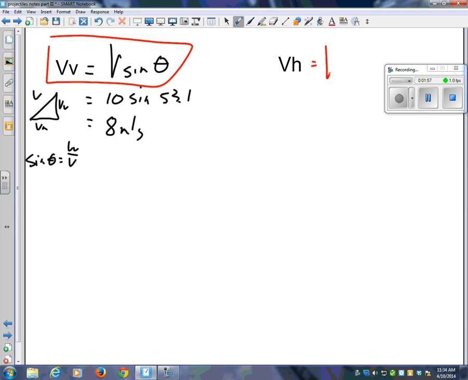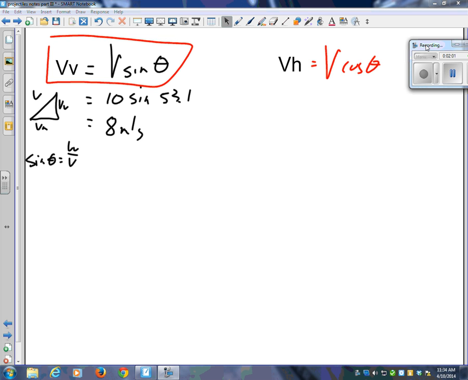And VH is always going to be equal to V cos theta. So in this case, that's going to be 10 cos 53.1, which is 6 meters per second. The only reason I picked 53.1 is so that I get nice integer values for my horizontal and vertical components.